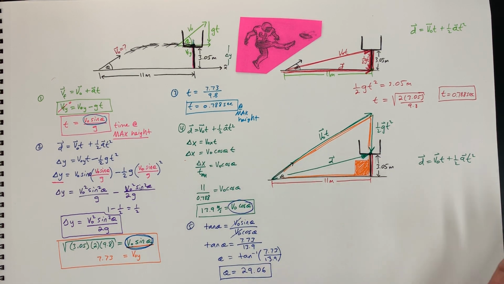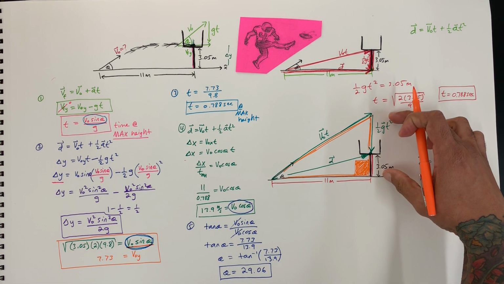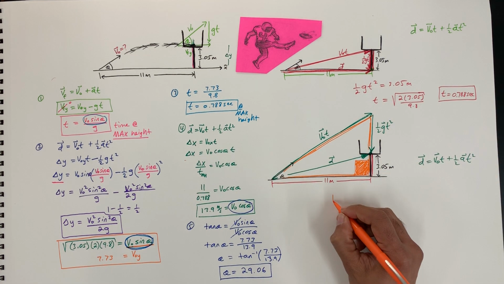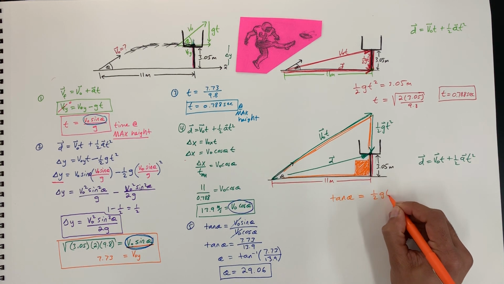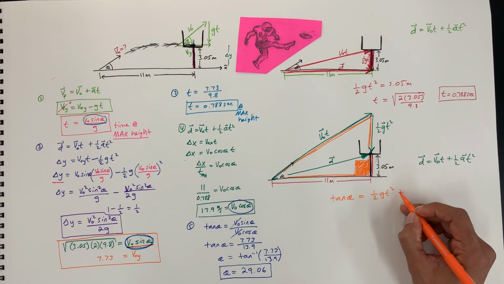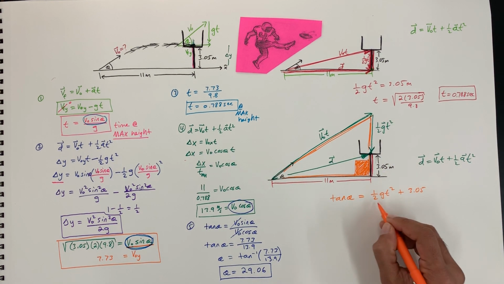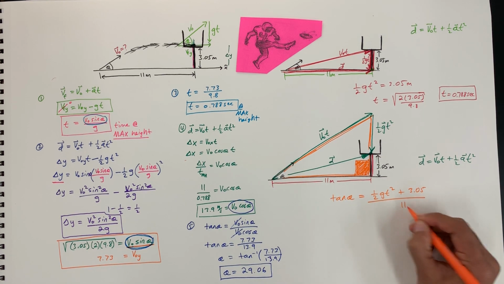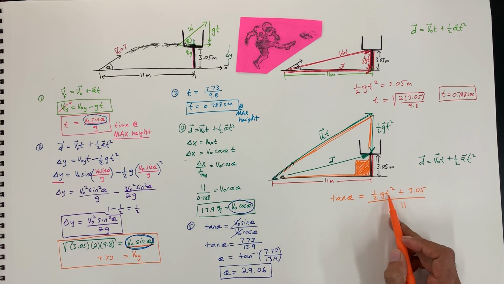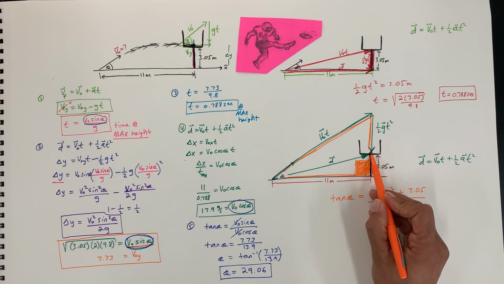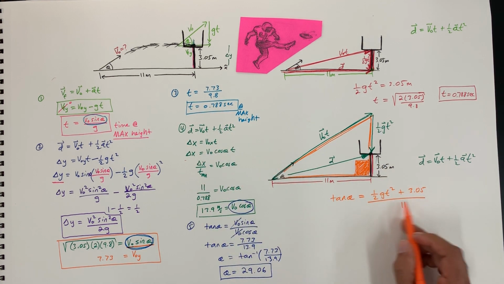So I think about cosine or tangent, but I have these values, so let me use tangent. So tangent is going to equal opposite, so the entire side is going to be this vector here plus this length over adjacent, which is 11. Okay, and I know the time it's gonna take to reach this post because that's the max height. So I have all the values here.